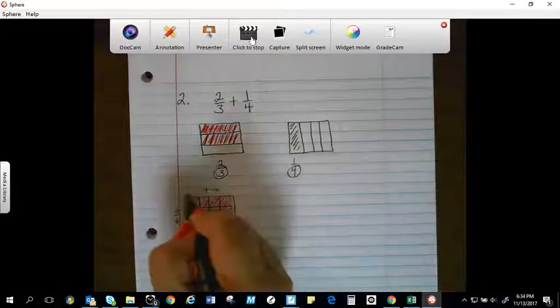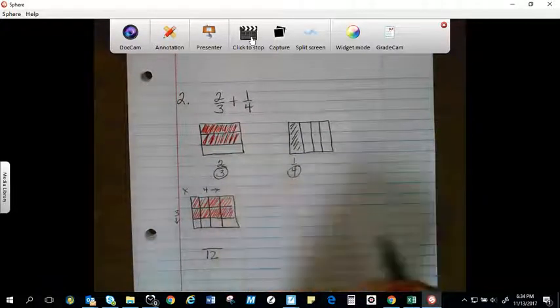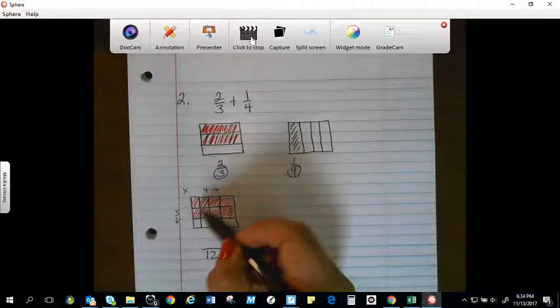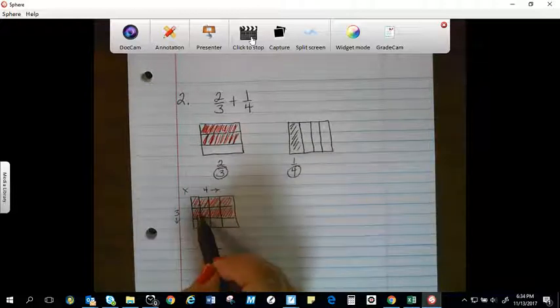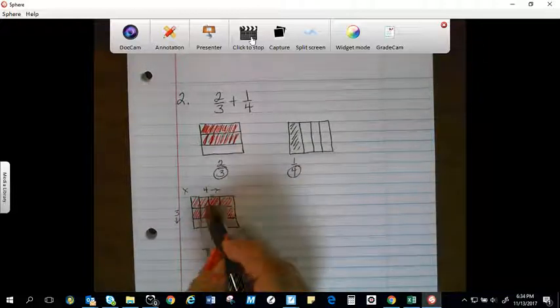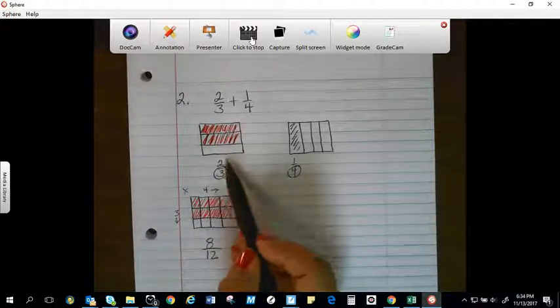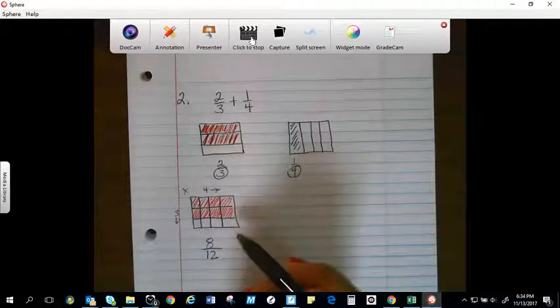And there's my array. 3 times 4 equals 12. And out of the 12, I have 8 that are shaded. I have 4, and 4 is 8, or 2, 4, 6, 8. So I now know that 2/3 is equivalent to 8/12.